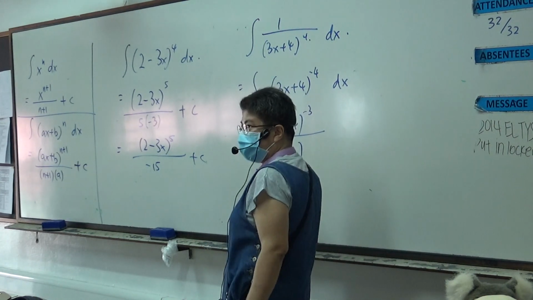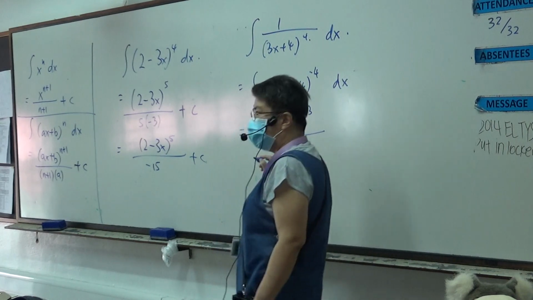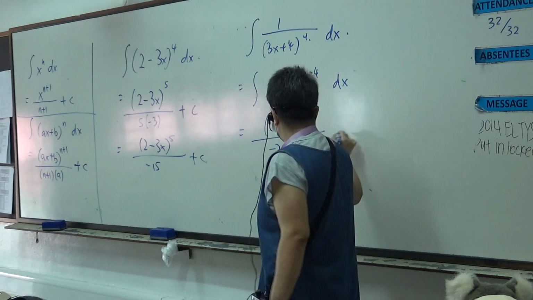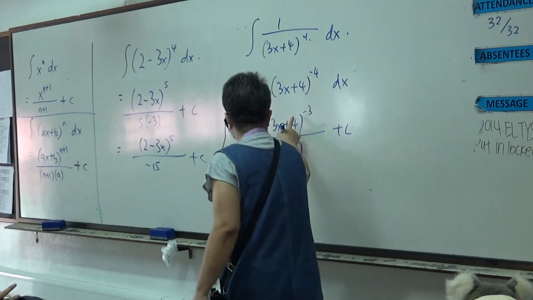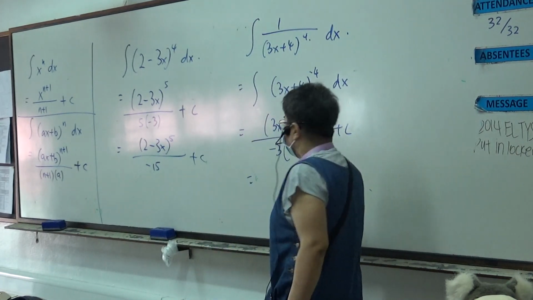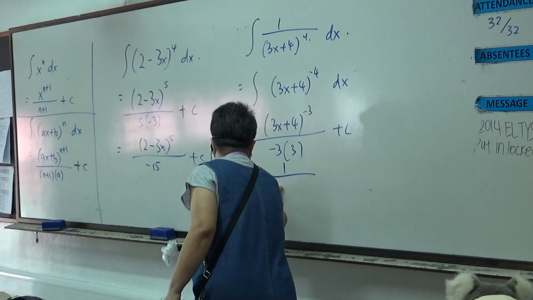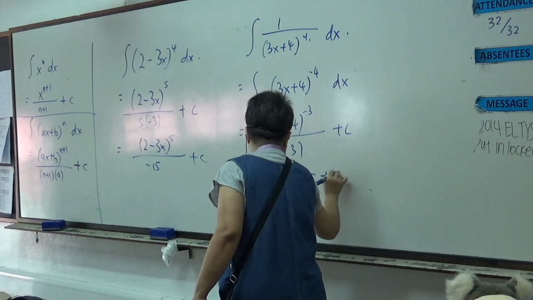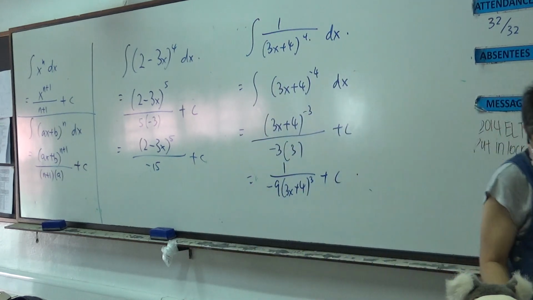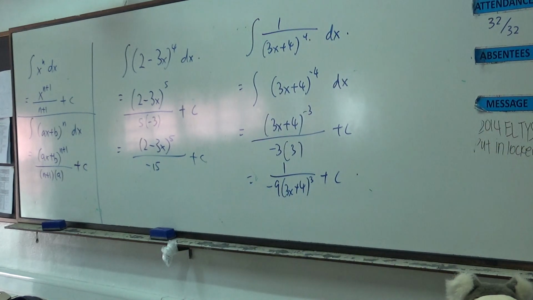Times what? 3. Because when I differentiate, I get 3. Okay? So plus c. So the final answer now, can you see that this can bring to the bottom? So I'll have 1 over negative 9. Okay? So this will be my answer to part B.